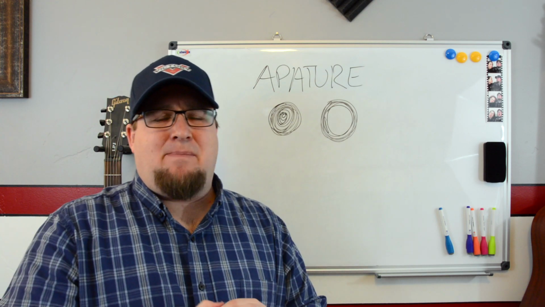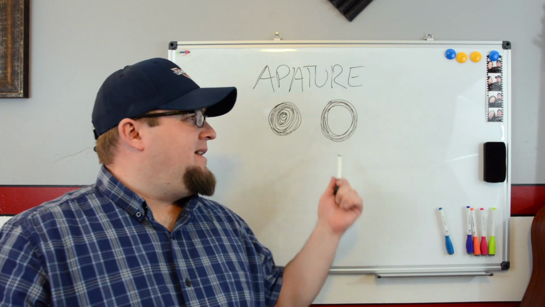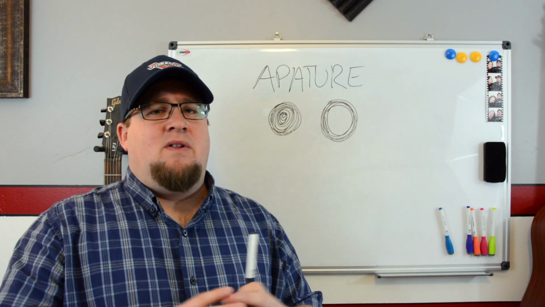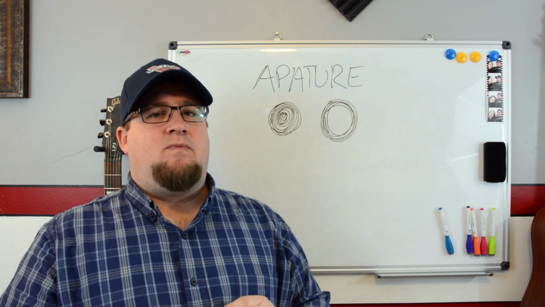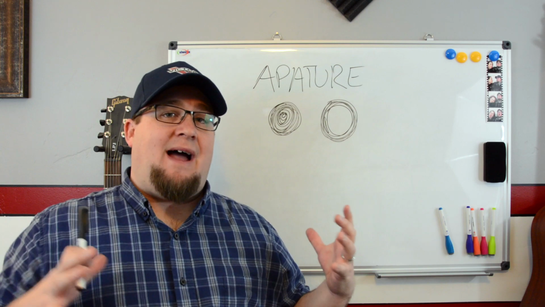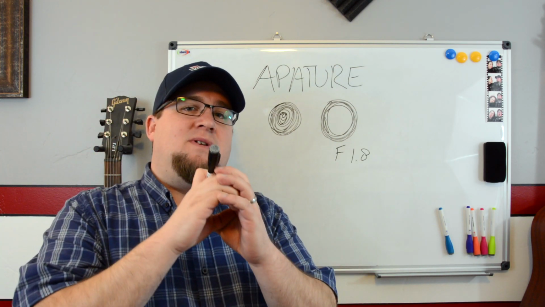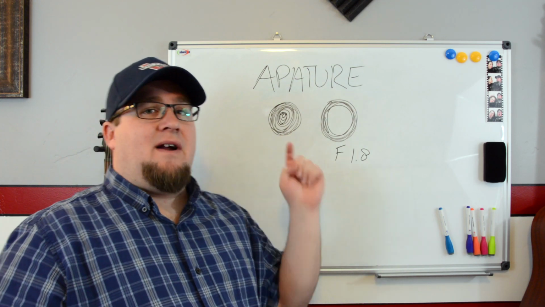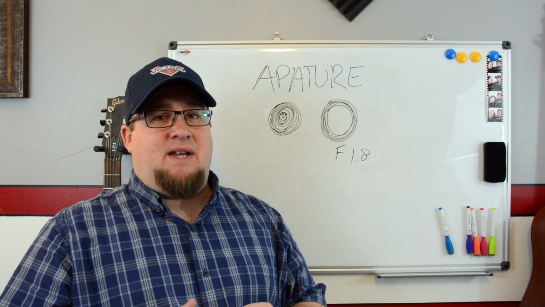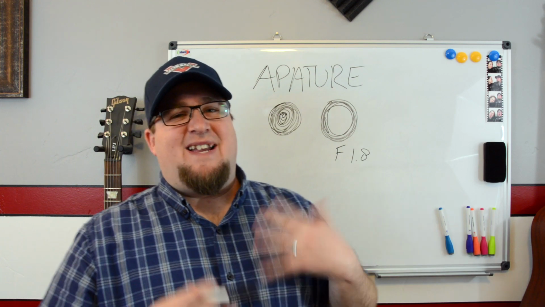Aperture is measured in f-stops. And the lower the f-stop number, the bigger that hole is, the more light that's allowed in. Now let's contract that hole down to a much smaller aperture, and that's going to be a larger f-stop number, letting in less light.